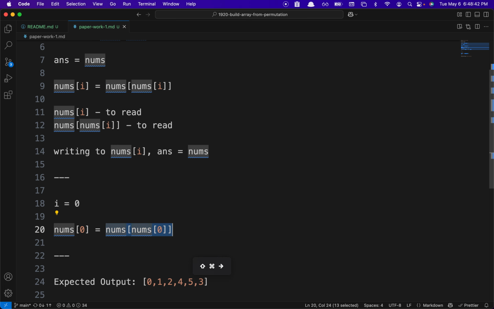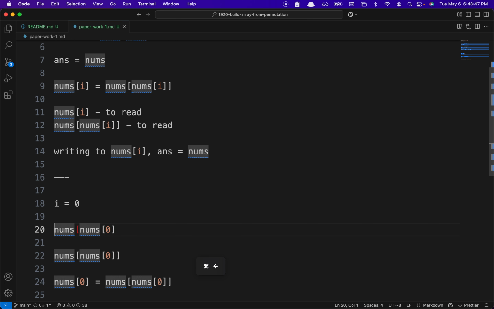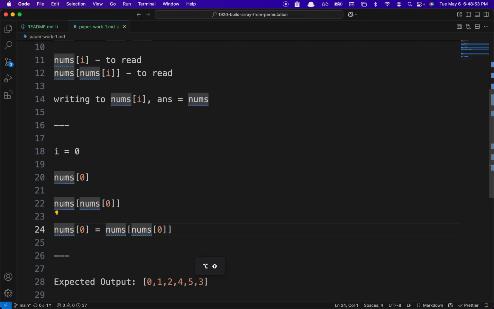So you will need nums of 0, and then you will write to nums of 0. So does anyone else require nums of 0 is the question? If you think about it, when you're writing to nums of 0, does anyone else require nums of 0? Maybe not. Or is that false? Is the question.